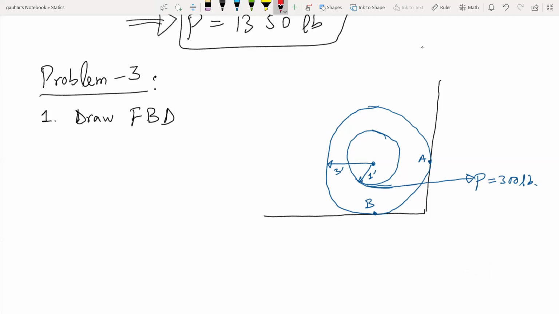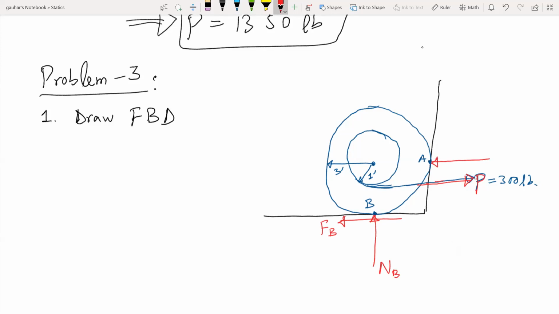Now we need to apply the forces. So we already know that this is the force P, 300 pounds. Resting here, we have a normal force, let's say N sub B, and we have a friction force in the negative X direction, F sub B. Now, let's talk about point A. It's resting here against the wall.